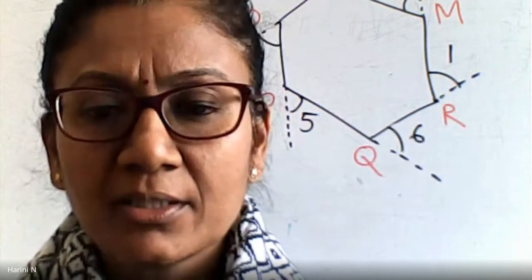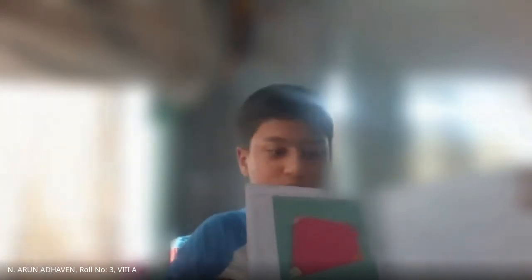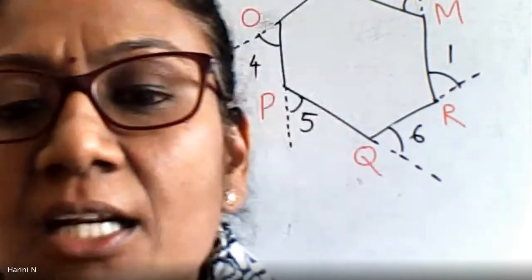Even now it is blurred. I think Arun has changed his background settings, ma'am. Ask him to make it default. Okay, ma'am. Wait, just a second. Yeah, it is slightly better now.